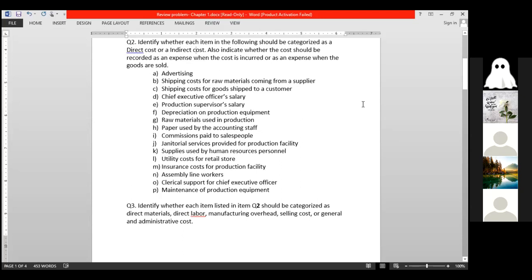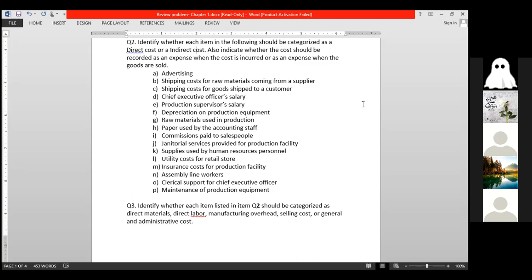Also indicate whether the cost should be recorded as an expense when it is incurred or as an expense when the goods are sold. Okay, so direct cost or indirect cost, that is our classification, and question number second.